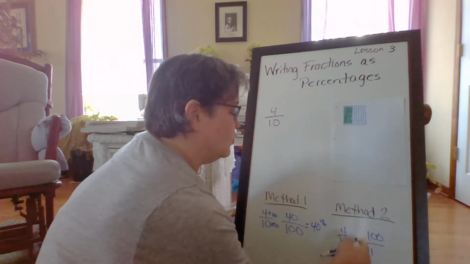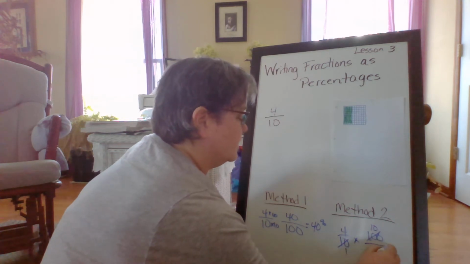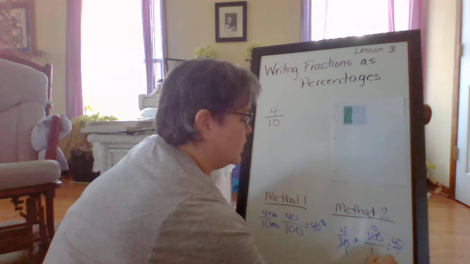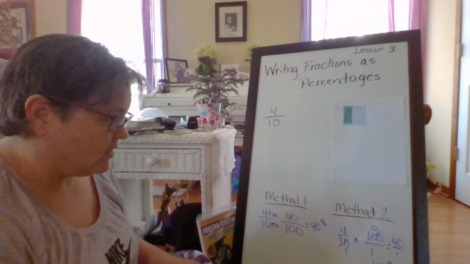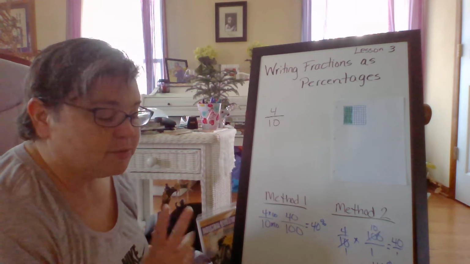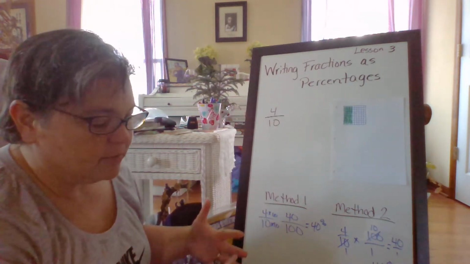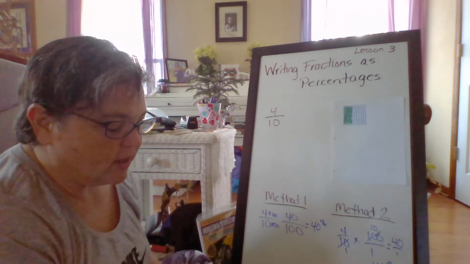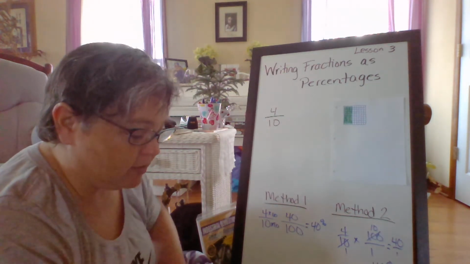And I would say 10, I'm going to reduce here. And see here, I would get 40 over 1, which again is 40%. So there are 2 ways to get your answer. And sometimes one way is better than another. Right now, they're kind of both easy, but that does get a little more difficult as you get to harder ones, and I'm going to show you a couple of those.